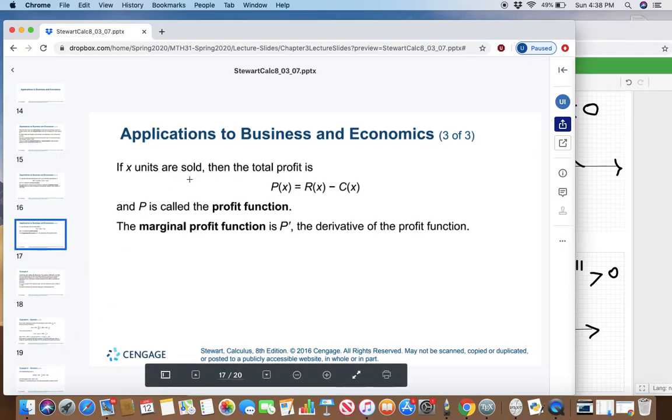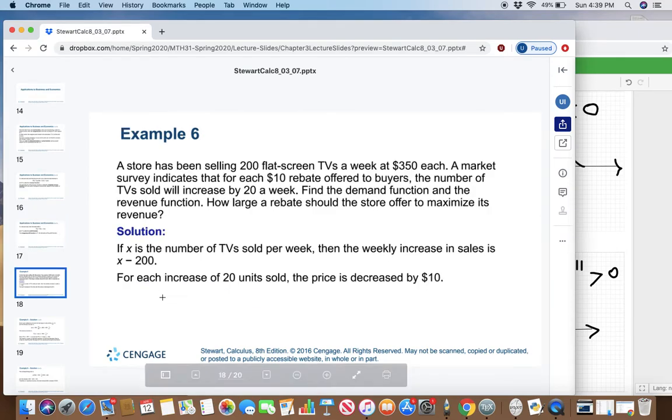If x units are sold, then the total profit. What is profit? How much money you get minus how much you spent. Revenue minus cost, that is your profit. Marginal profit is the derivative. All right. Always marginal something is the derivative. It is the rate of change of that particular quantity.